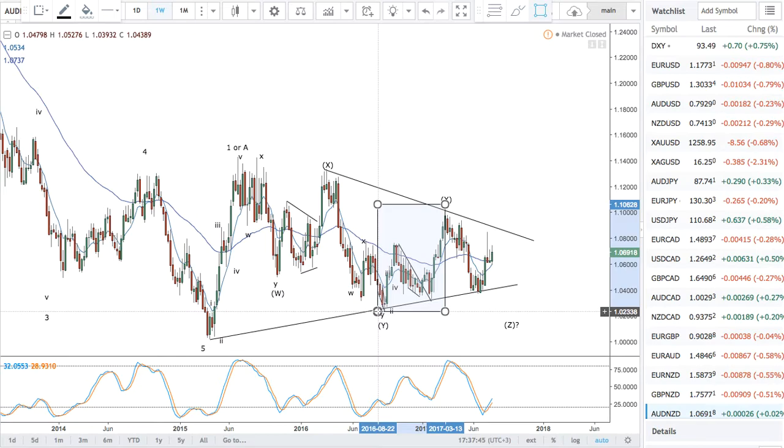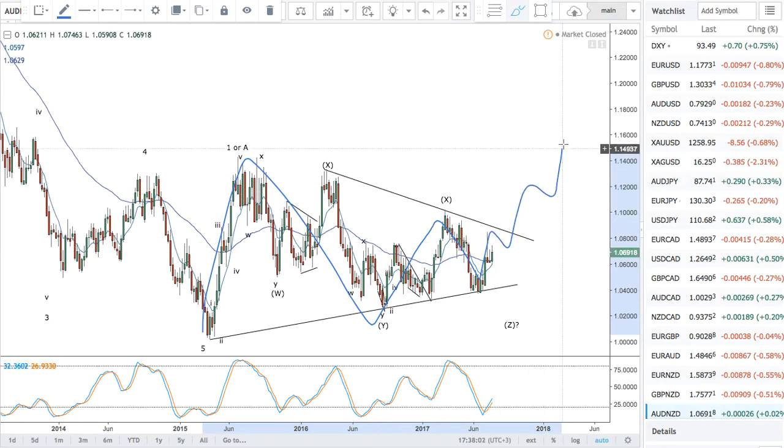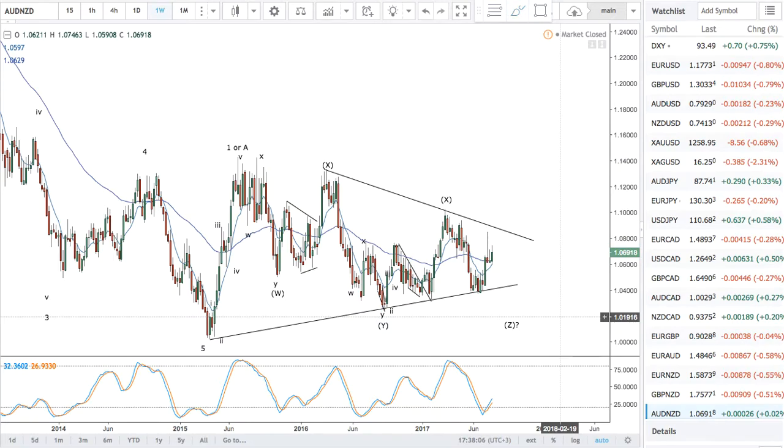So we would have to look at this as an impulse here, a three-wave correction. Then you're looking at a type of A, B, and 5 for C for wave C overall. So it'll be A, B, and then something like 1, 2, 3, 4, 5 for C, and then a turn over. That's ugly and a bit ridiculous, but hey, things happen.